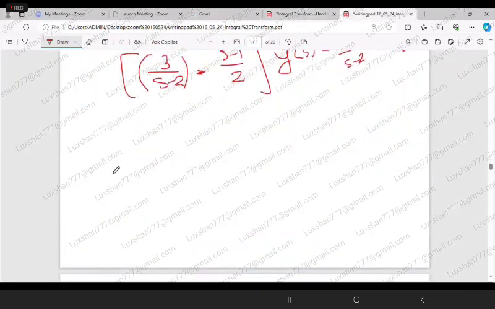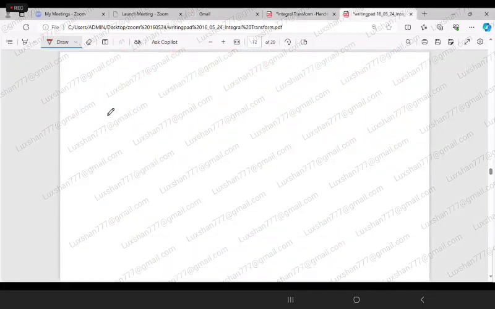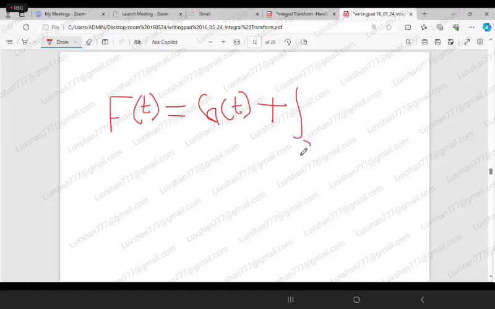So look here. This is the general form of the integral equation: F(t) equals g(t) plus the integral from a to b of K(t,u) F(u) du.